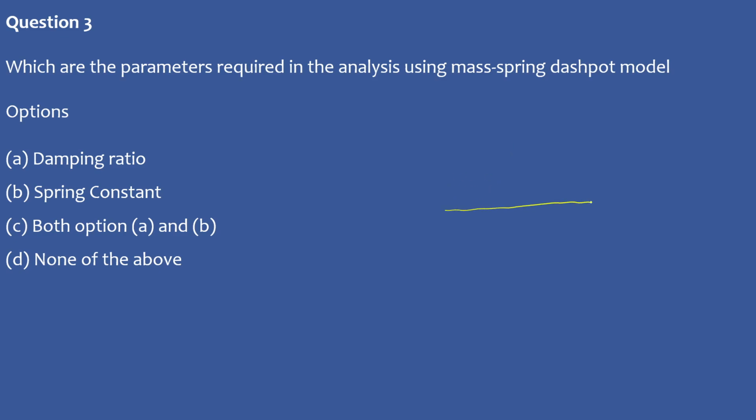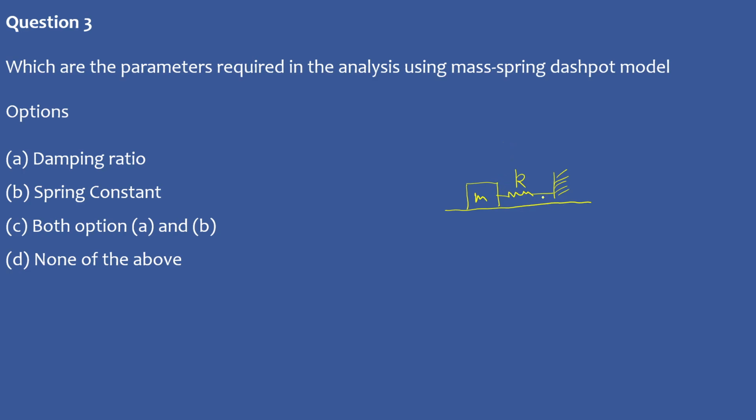Let's say you have a certain system, which is usually modeled as a single degree of freedom system in which this particular body has mass, and you assign an element which is given the material property through the stiffness, and at the end you have the fixed condition. So what parameters are required? You have the mass, you have the stiffness.